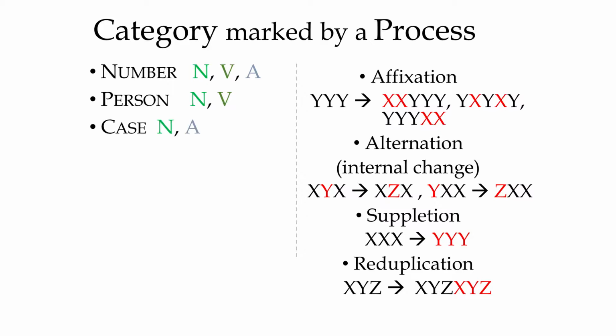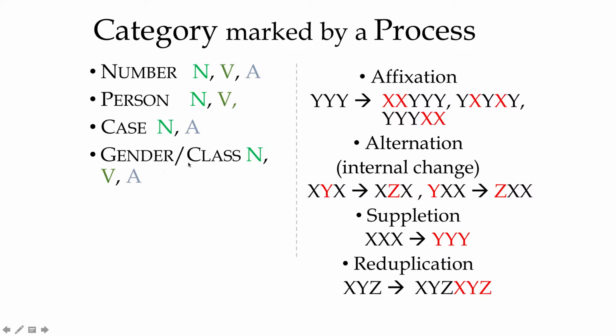Case, which nouns and adjectives inflect for, would be what is the role that a noun is playing in a sentence. Gender or class would be sort of arbitrary groupings: there's one group of nouns, there's another group of nouns, and the noun endings themselves might have to inflect for gender or class.